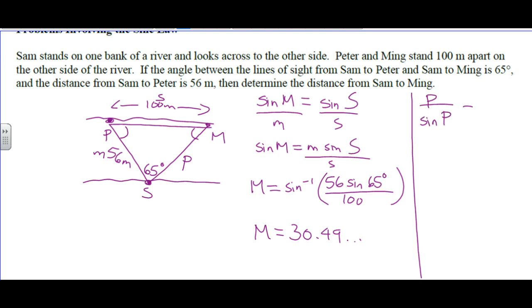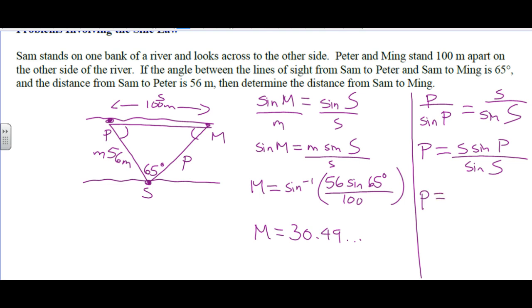So little p over sine p, and then we're going to use the stuff that we know. We know side S, and we know angle S. So that's our known pair. So, oops, gotta write this as little s over sine S. Gotta use the right form of the formula, otherwise things will just go badly. So P is equal to S sine P over sine S.